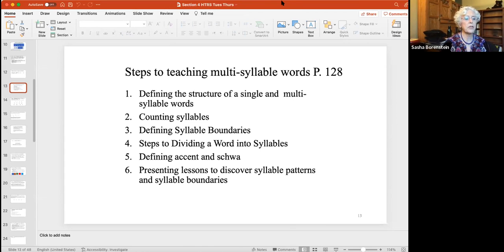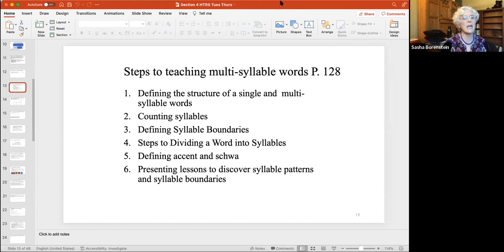I think the different syllable types are somewhat of the stepchild of literacy teaching, because a lot of our students in the earlier grades learn about the consonants and the vowels and the rules of spelling, but somehow the syllable types get left out.